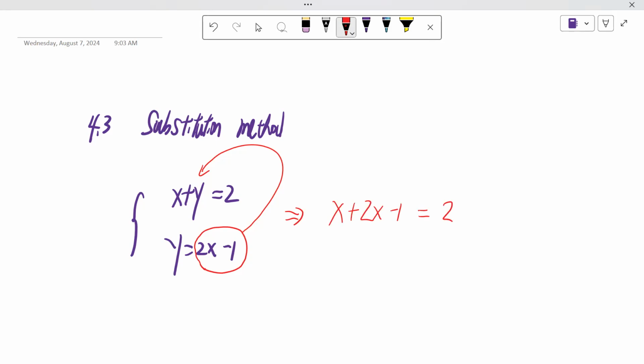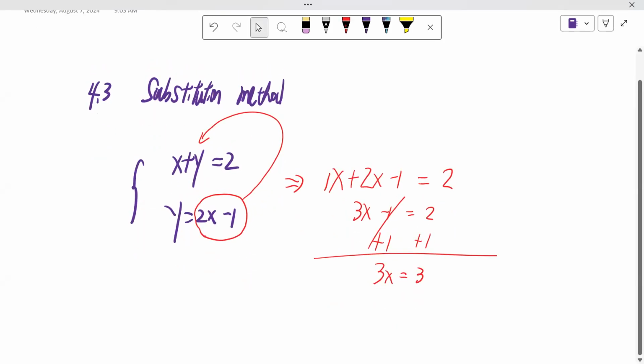Now we only have one variable and we can solve for x. This is 1x plus 2x, 3x minus 1 equal to 2. Add 1 to both sides, and 3x equal to 3. Divide both sides by 3, and we get x equal to 1. Once you find the x value, we can find the y value.